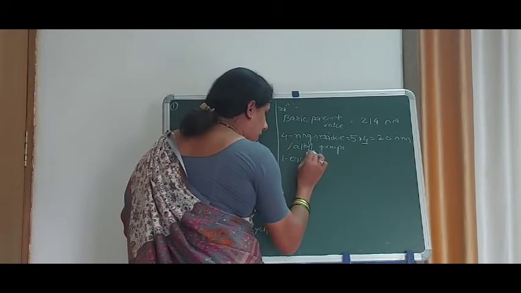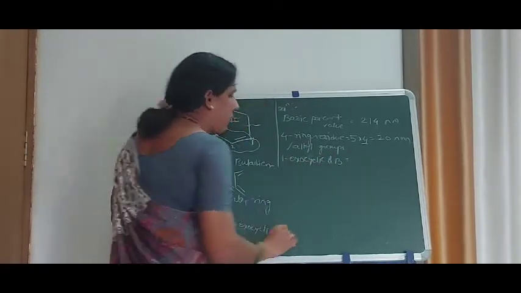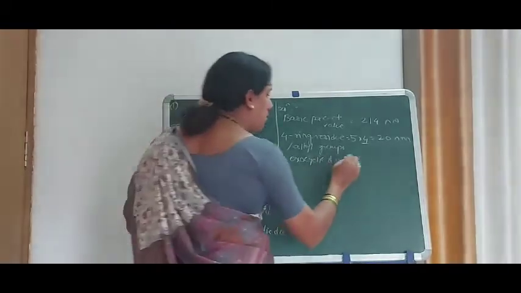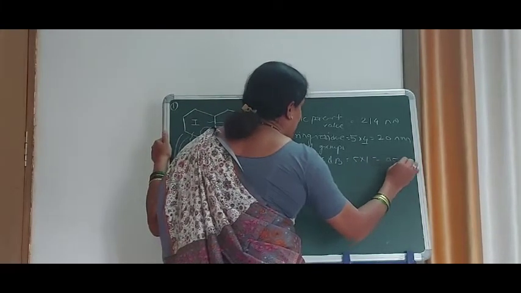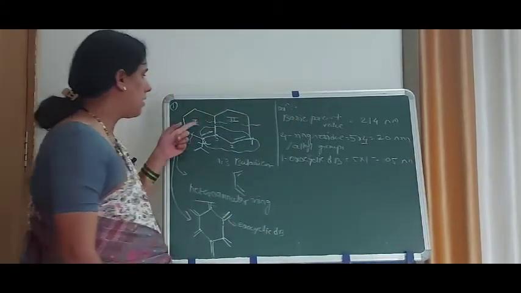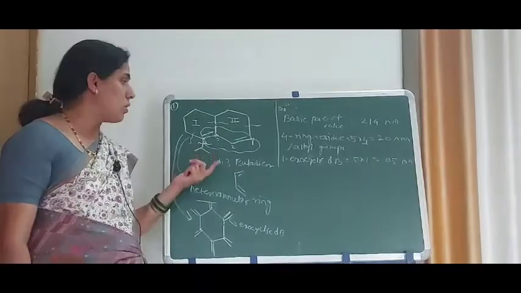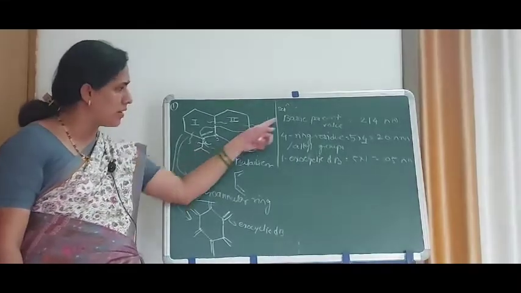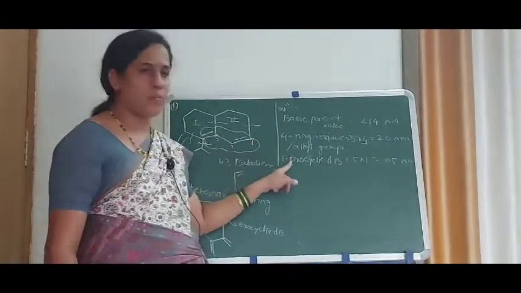For 1 exocyclic double bond, what is the value? That is 5 into 1, equal to 5 nanometer. What is the remaining, the presence of a Cl, Br, O, COR, OR group? No. The answer is obtained by taking the sum of these 3 values.